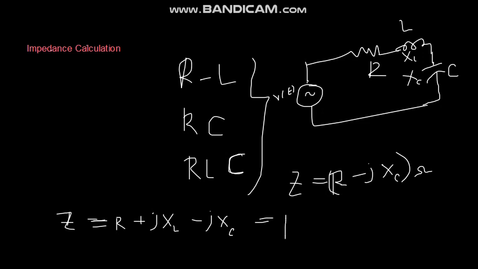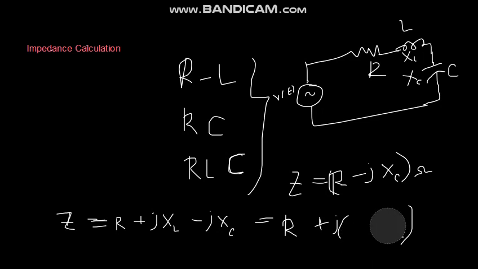and by taking the common, R plus, you can take the common j here, and that is XL minus XC.